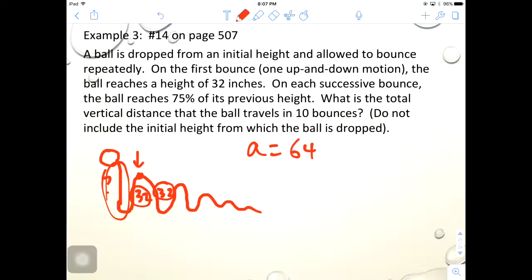That will be 64 for the first one. Then the next round will be 75% of 64. The next round, it's only going to come back up 48. Then after that, it's going to be 36, and so on and so forth. So it wants to know when it gets to the 10th round.